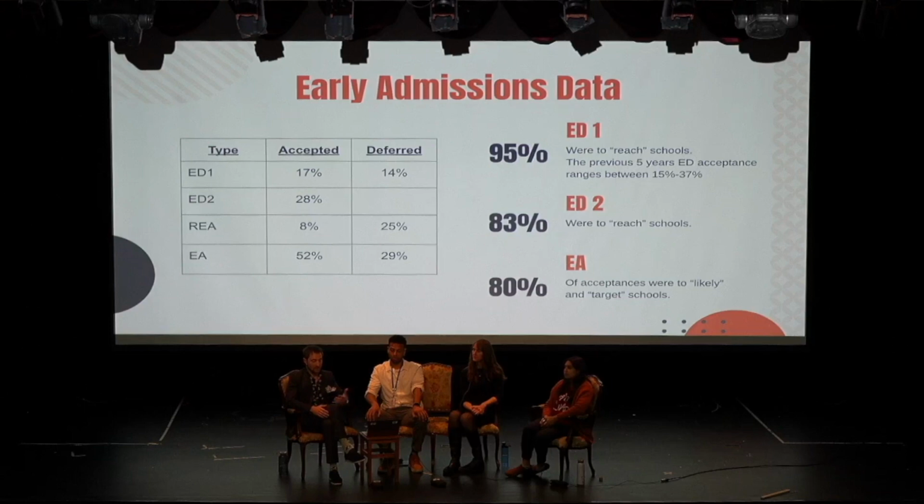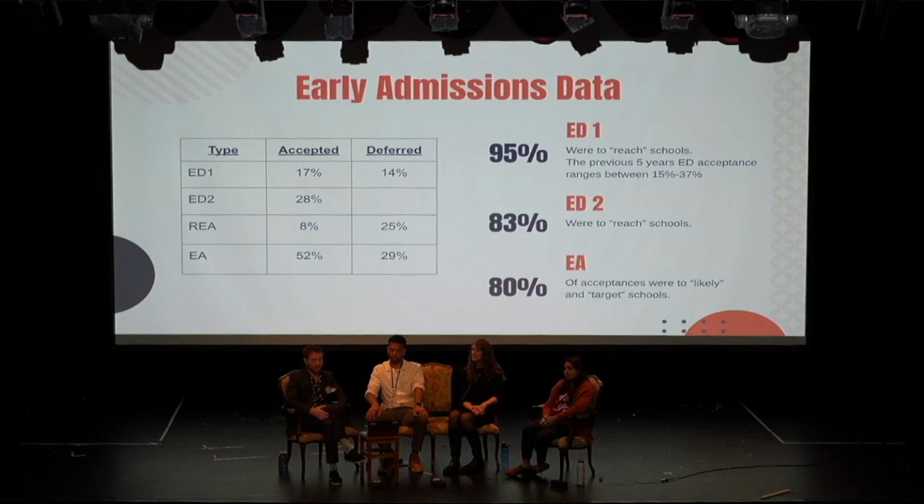And this year we had 17% accepted and 14% deferred, so they're still waiting on their decision. That's in line with what we would usually expect, especially when we see that 95% of those ED1 schools were considered reach schools. Those are going to have low acceptance rates. They're very competitive schools. And again, we see numbers that fall in that range.